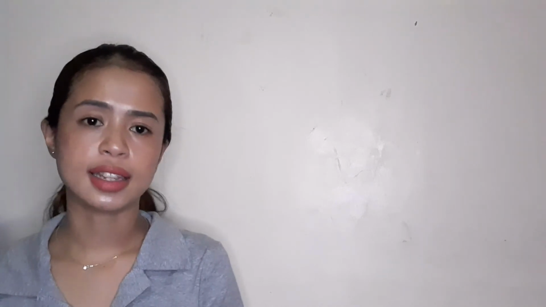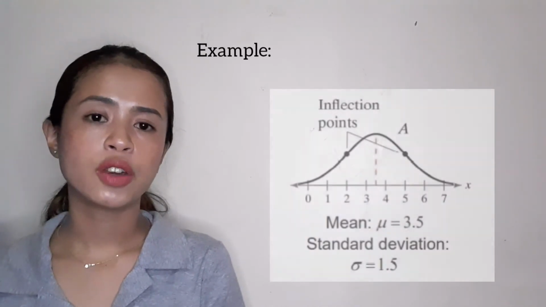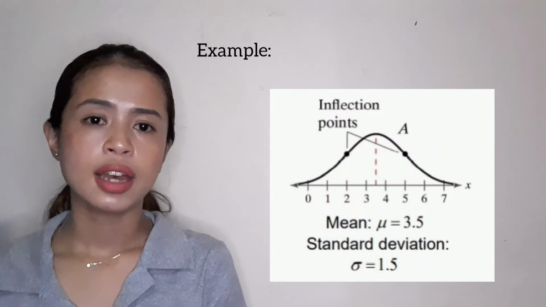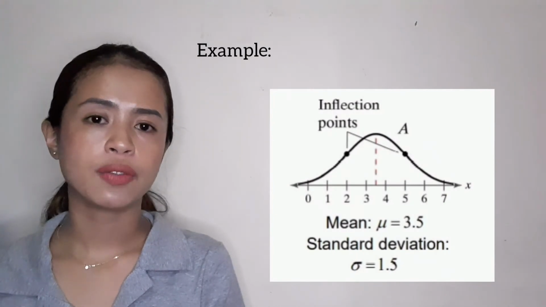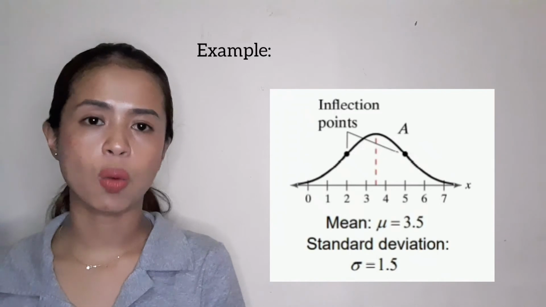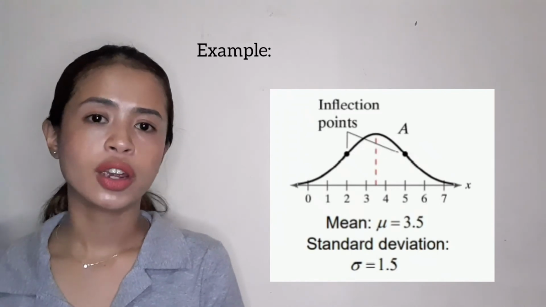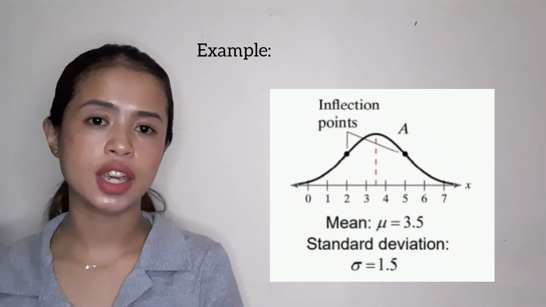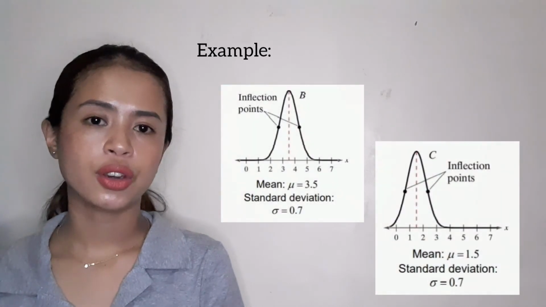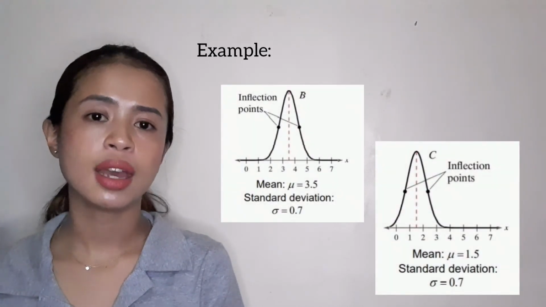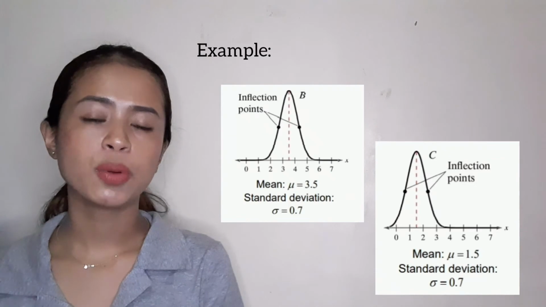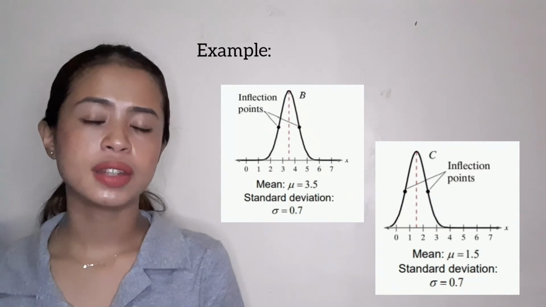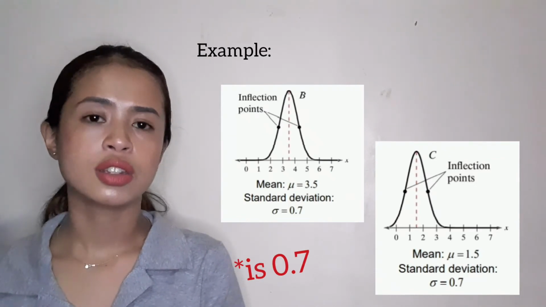So, for example, in the first example, the mean is 3.5 and the standard deviation is 1.5. Therefore, it has a greater standard deviation. The second and the third examples have the greater mean because the means are 3.5 and 1.5, but the standard deviations are 0.5.